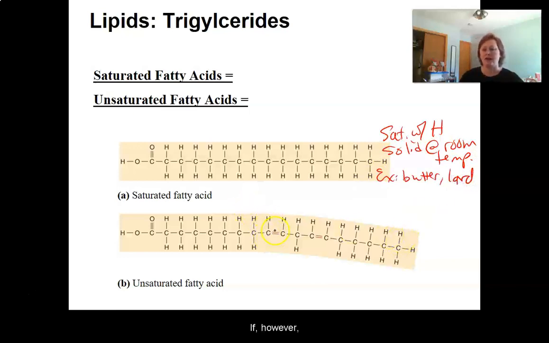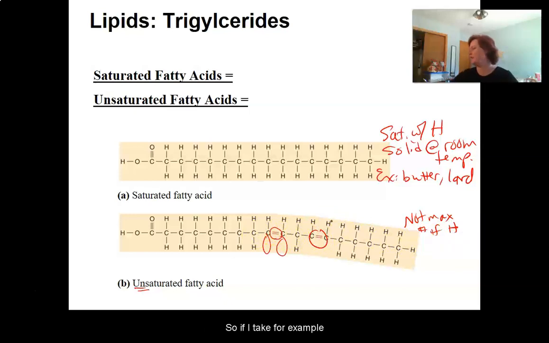If, however, I remove some hydrogens, then I have to create a double bond so that each of these carbons still has the 4 bonds that it needs. So if it's unsaturated, it means it does not have the max number of hydrogens, and this creates bends or kinks.